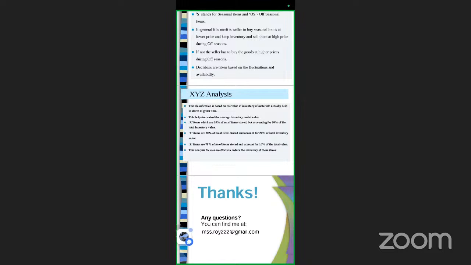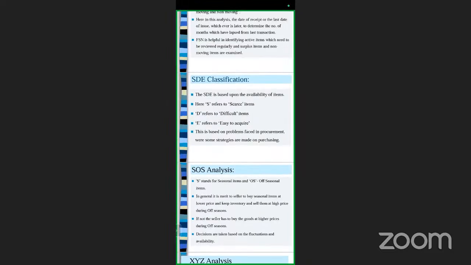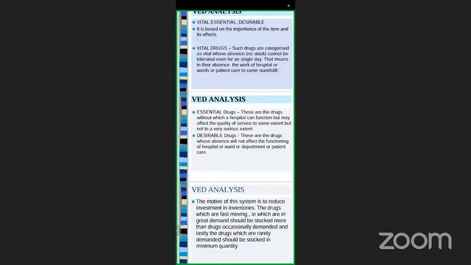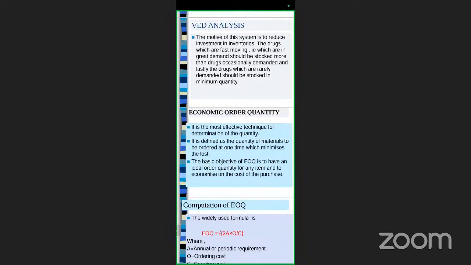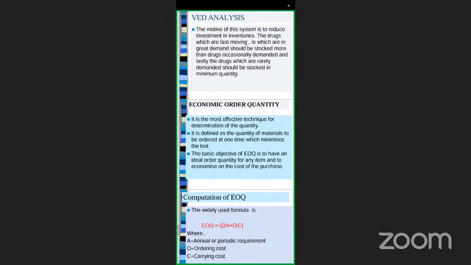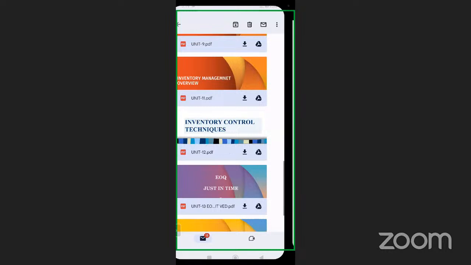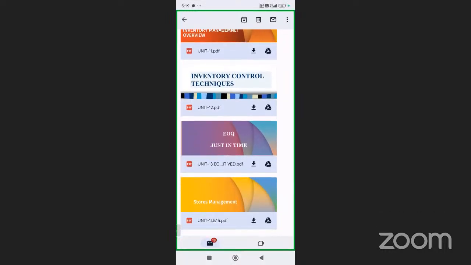That means 70% of the account, 10%. See, this ABC and XYZ will look a little similar, but some people will use this and some people will call it that. Based on the type of item, you need to use the appropriate inventory technique to store it. Okay, is it clear?